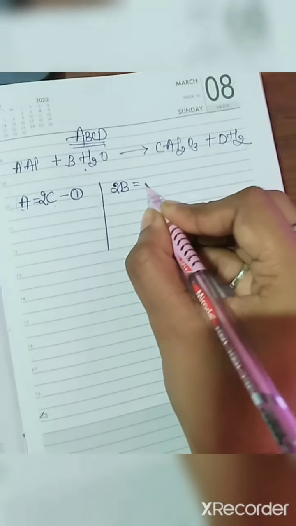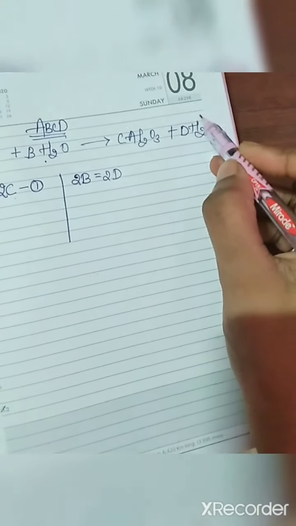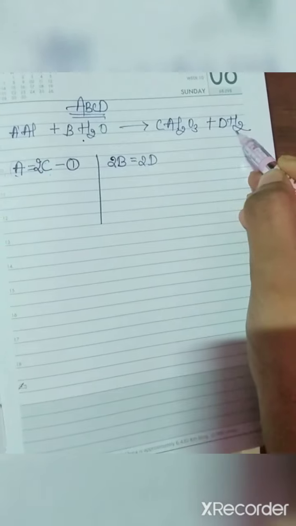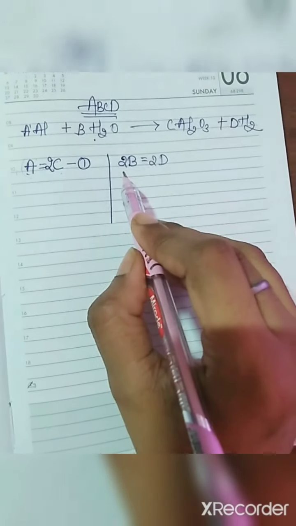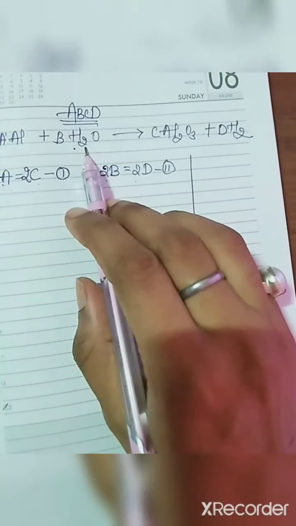Why have I written 2D? Because on the product side hydrogen is also formed in diatomic form, 2 hydrogen. That's why I have written 2B equals 2D. This is equation 2.